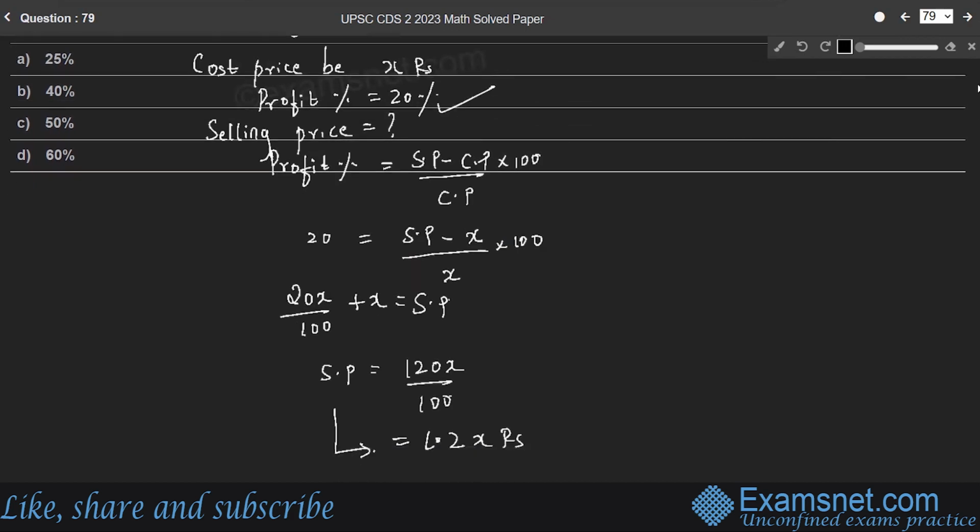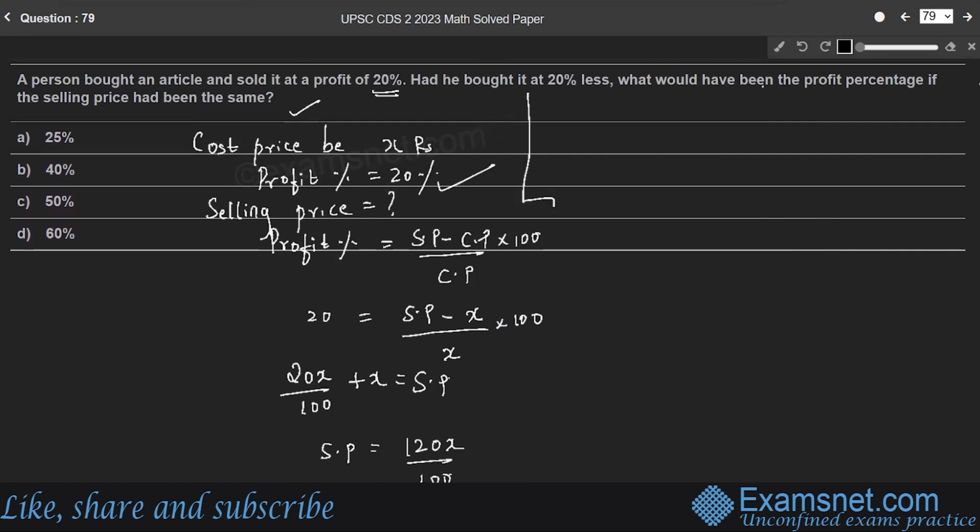So if the selling price is the same, in the second case he sells the item for the same amount, that is 1.2x rupees. So if he bought it at 20% less price, instead of x rupees, that means the cost price is the original cost price minus 20% of x.